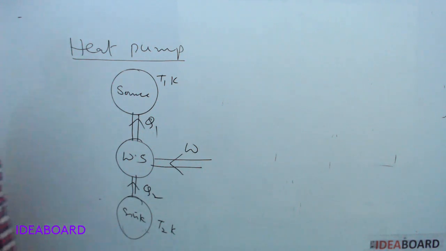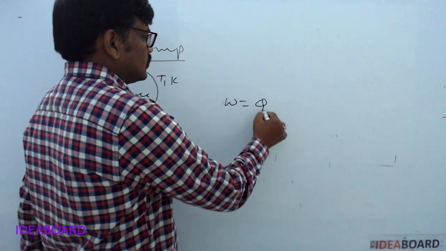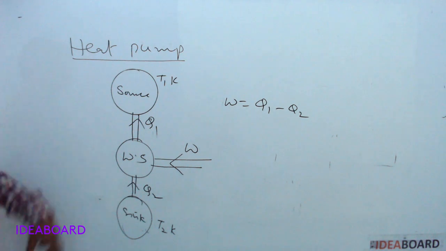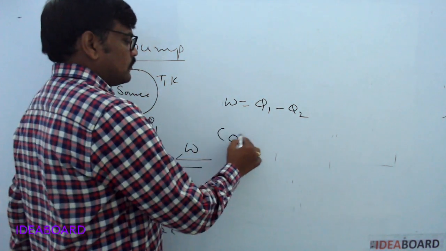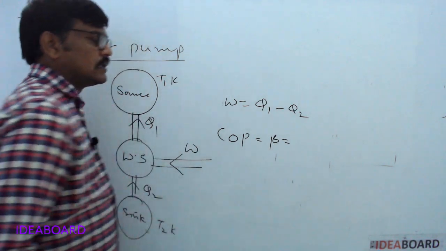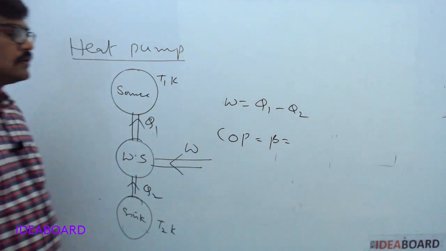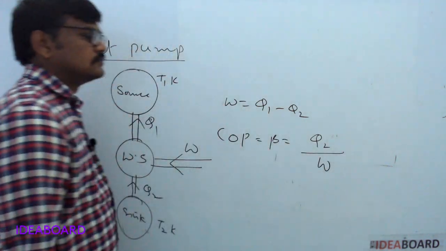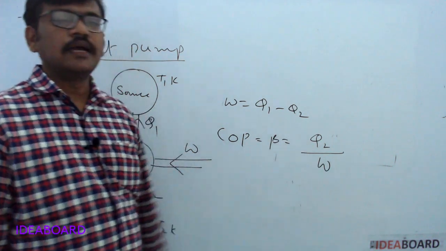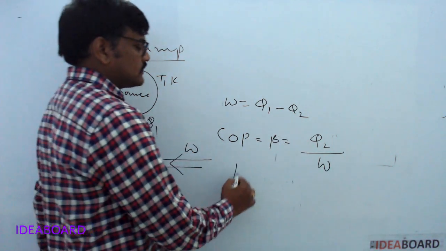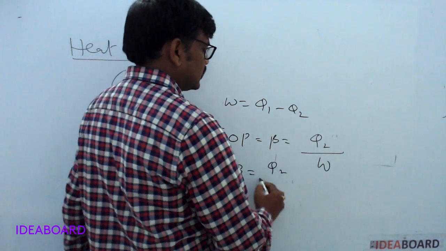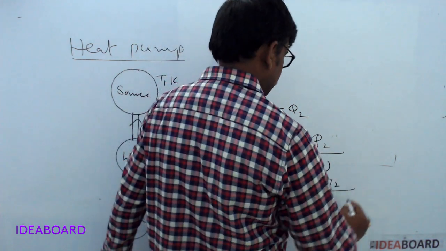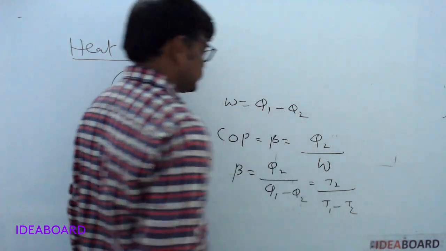So clearly W equals Q1 minus Q2, and the coefficient of performance, that we say beta, is defined as heat drawn from the sink Q2 divided by external work done. Means beta equals Q2 divided by W. So this performance factor beta equals Q2 divided by Q1 minus Q2. In terms of temperatures, T2 divided by T1 minus T2.